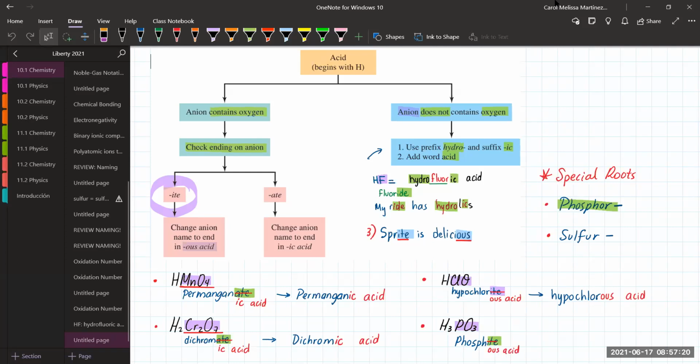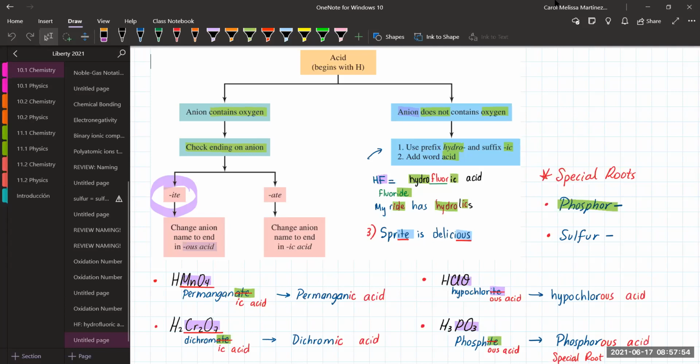But remember the special root. The special root for phosphorus is phosphor, and then I use the mnemonics. Sprite is delicious, so it is phosphorous, and I of course will include the word acid.